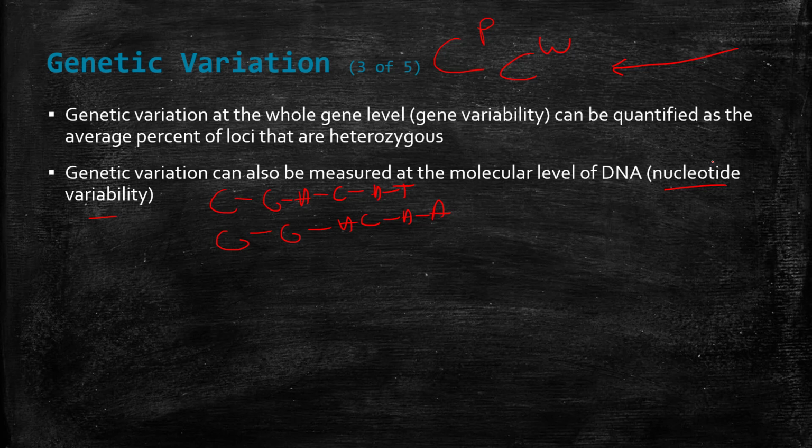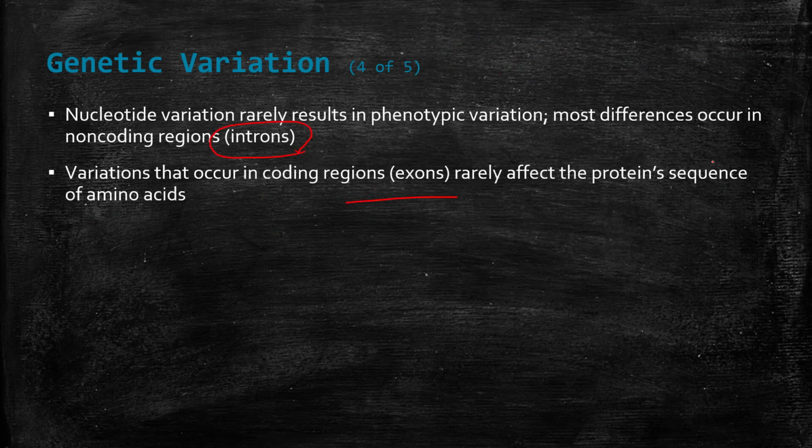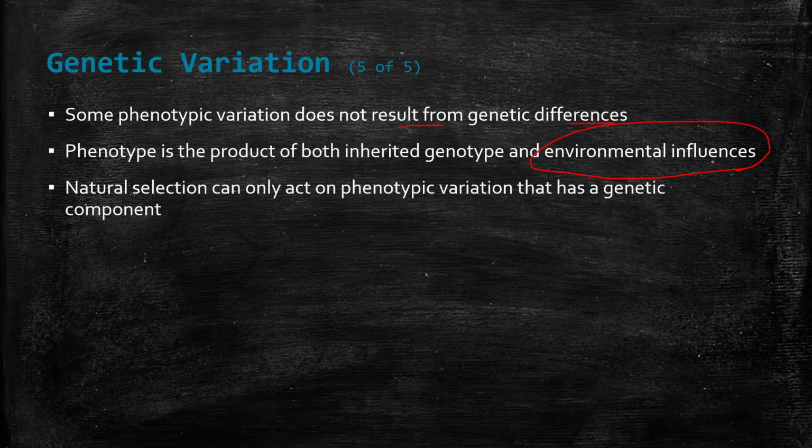We could zoom in and look at the nucleotide differences. But we should keep in mind that nucleotide differences don't always result in changes in phenotype. It depends on where those mutations are, and even if they are in a gene, they don't always cause a change. They could be silent mutations, as you learned about in Bio 1.